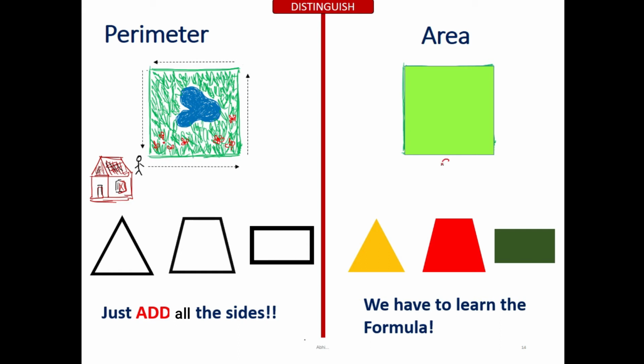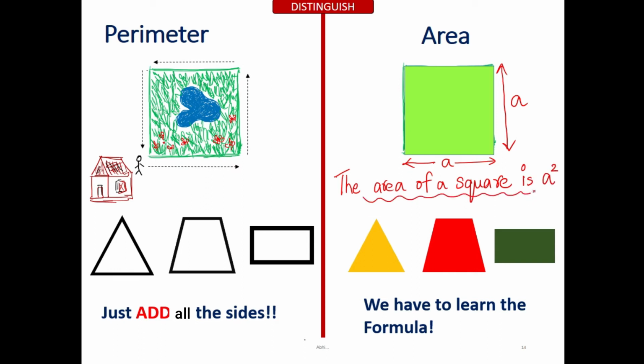Let's consider the side of the square to be 8 centimeter. In that case, the area of the square is a square. Did I say something wrong? The area of a square is a square.